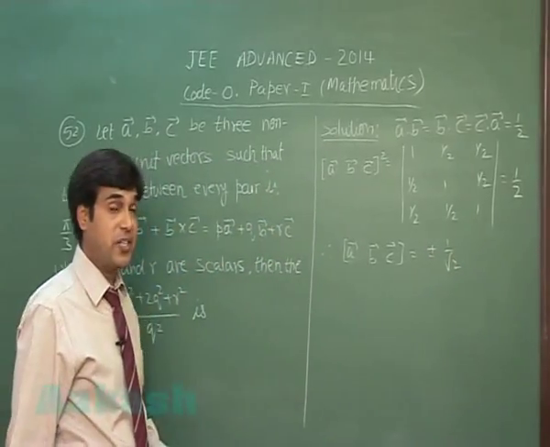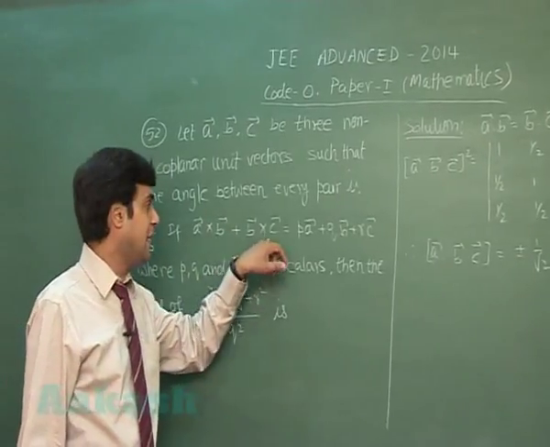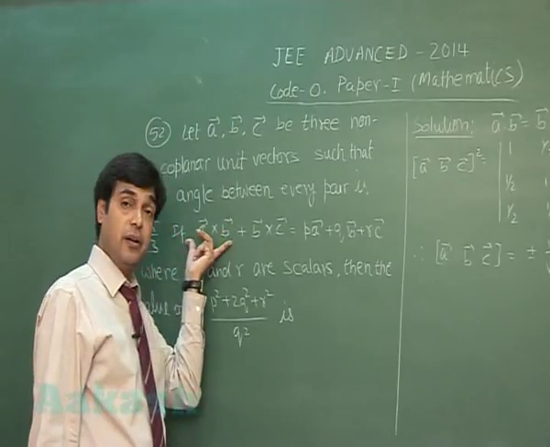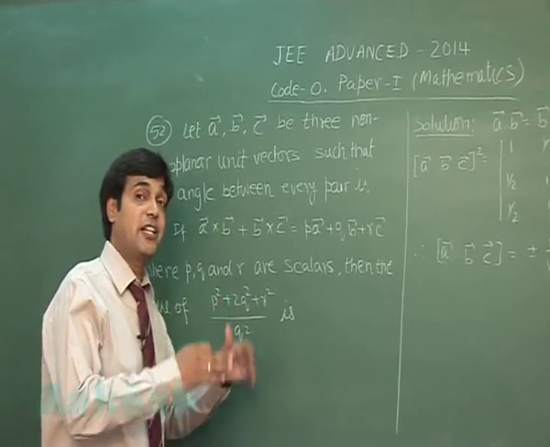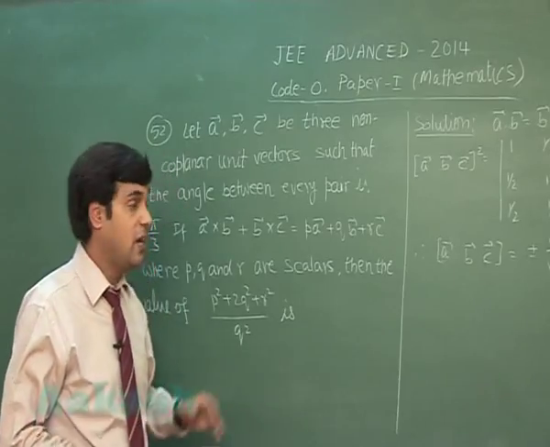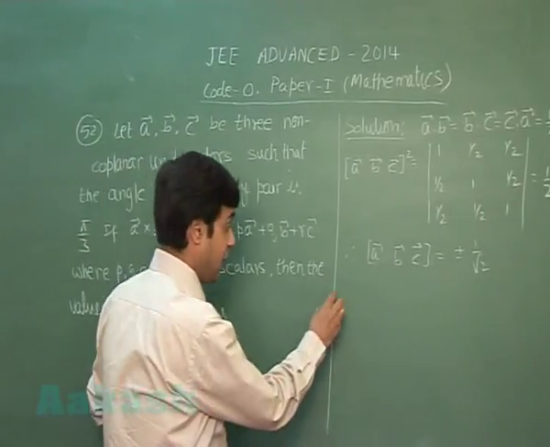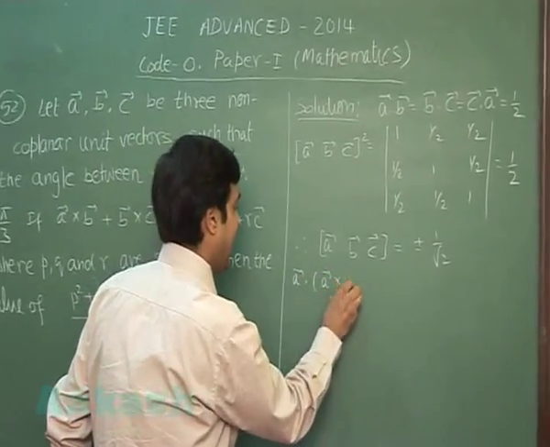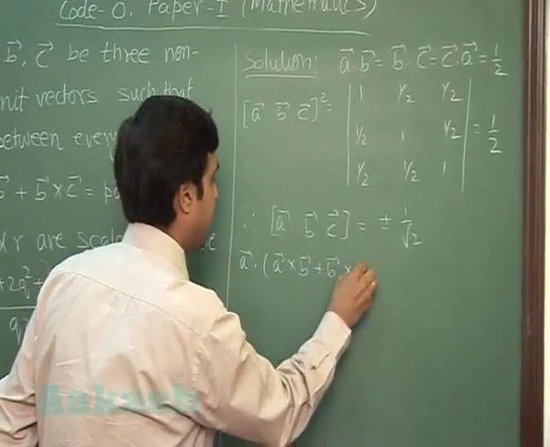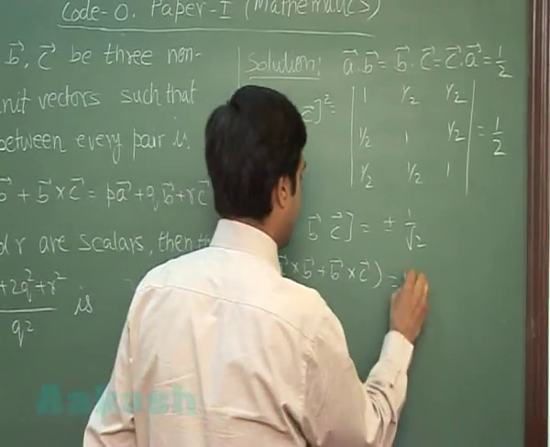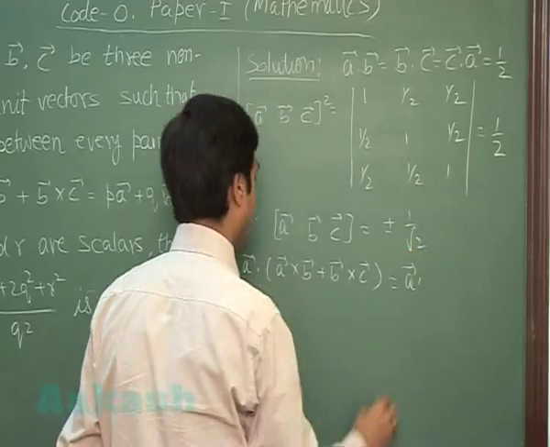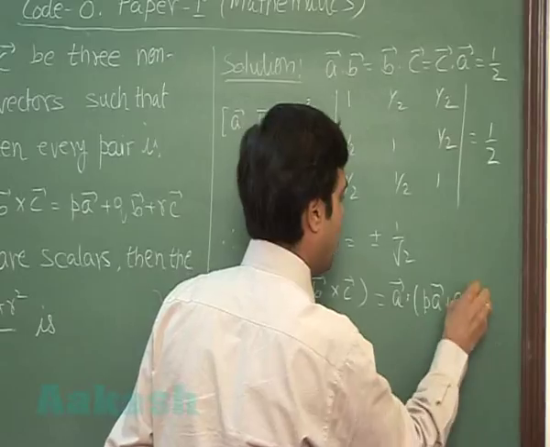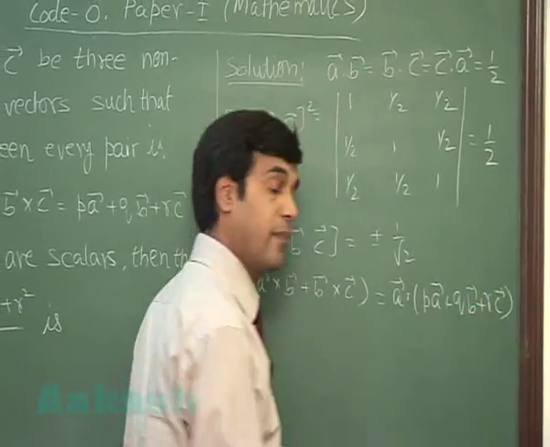Correct? Another equation given to me, A cross B plus B cross C is PA plus QB plus RC. If I take dot product of this equation with A vector, B vector, C vector respectively, I obtain equations. When I take with A, it becomes A dot (A cross B plus B cross C) equals A dot (PA plus QB plus RC).